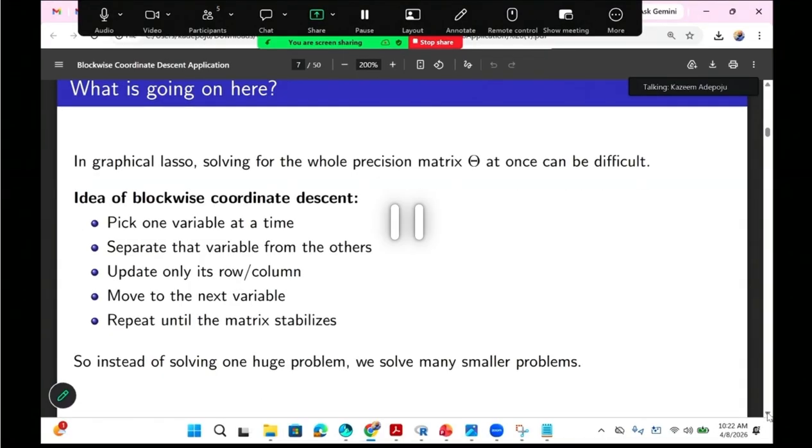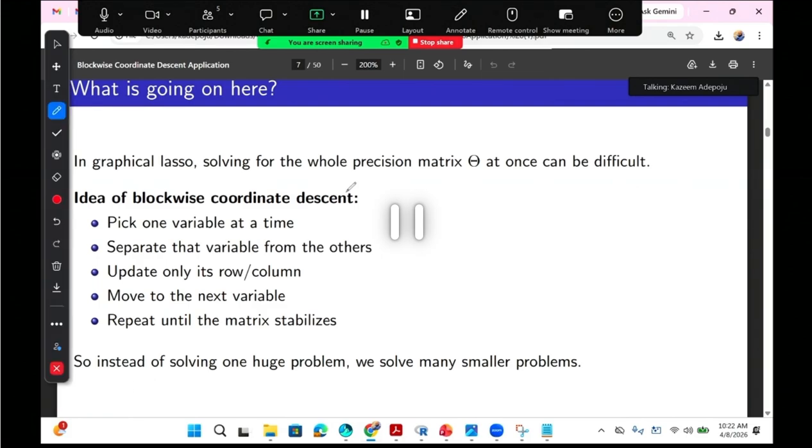Now, let's see what is going on here. If I have so many variables, I'm going to take them one at a time. I will work on one variable, then look at the relationship of that one variable with others. I want you to understand the idea behind blockwise coordinate descent.